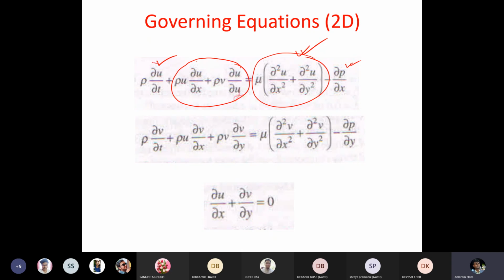Then we invoked the unsteady state term. Here we have the Euler method or explicit method, or Crank-Nicolson method or implicit method. And whenever you bring the temporal term and diffusive term together, you need to take some stability criteria, like the CFL stability criterion and the von Neumann stability criterion.